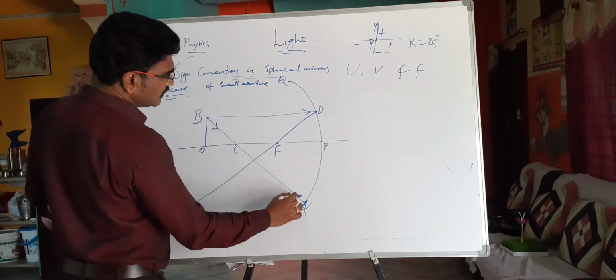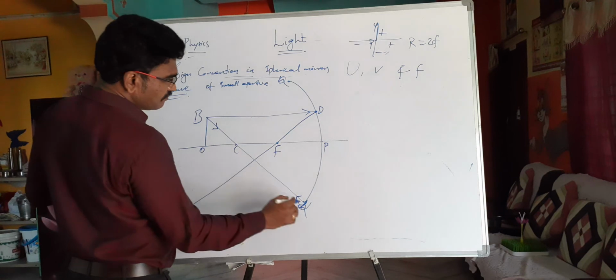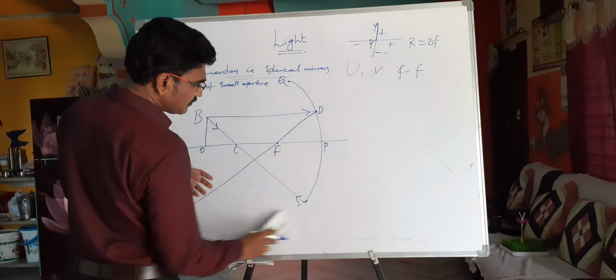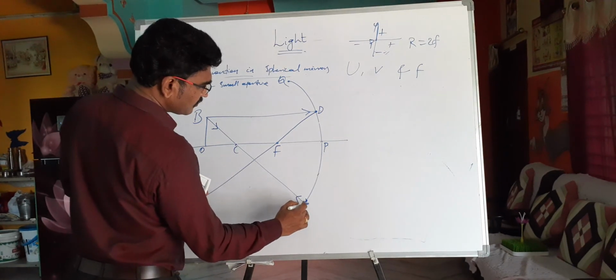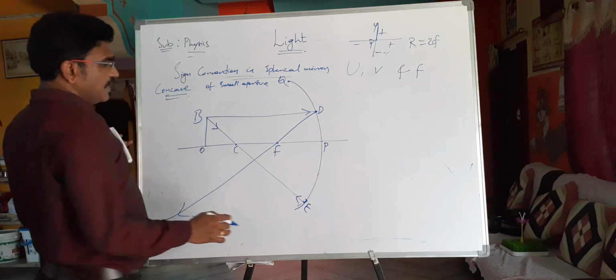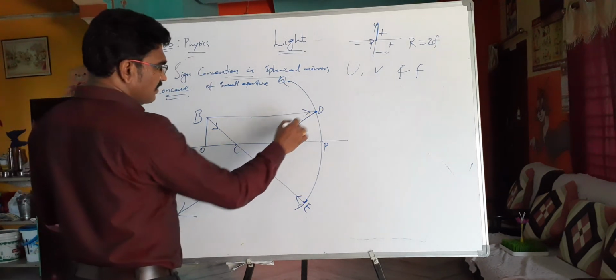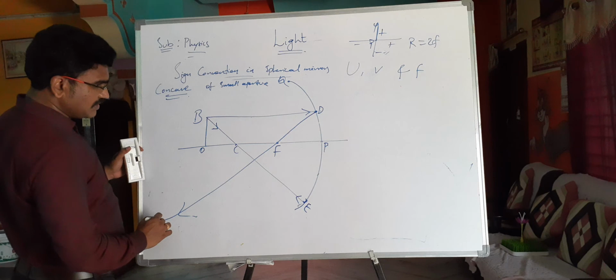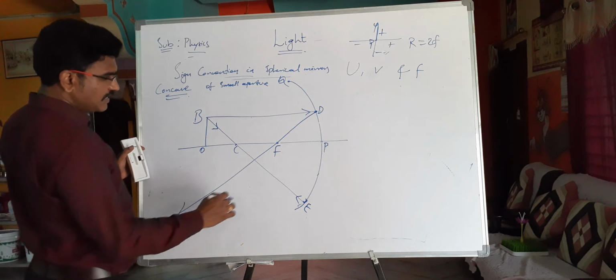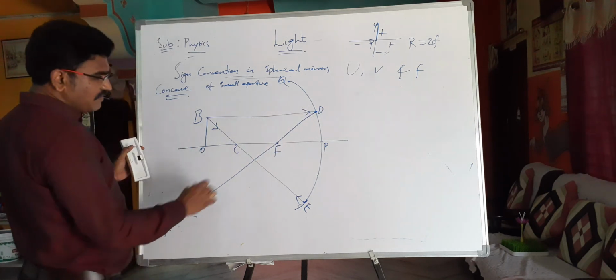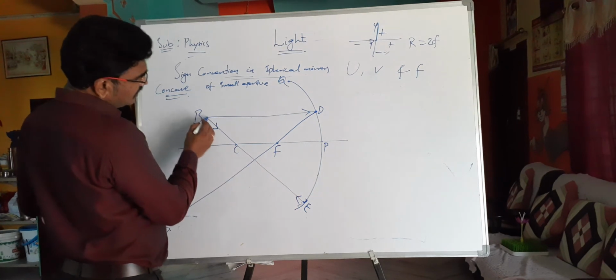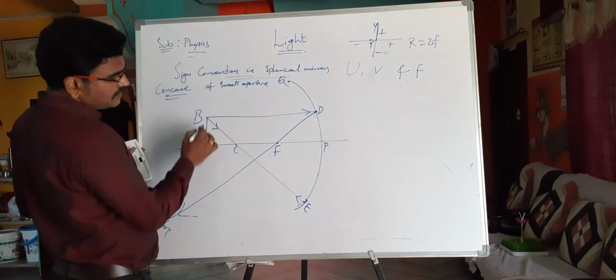This is the incident ray and this is the reflected ray. If I take this as E, this reflected ray, E, G, so DG is one reflected ray and EB is the incident ray path.